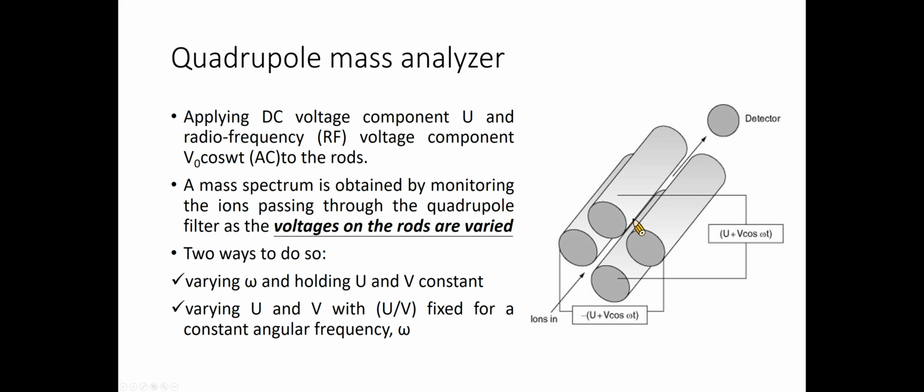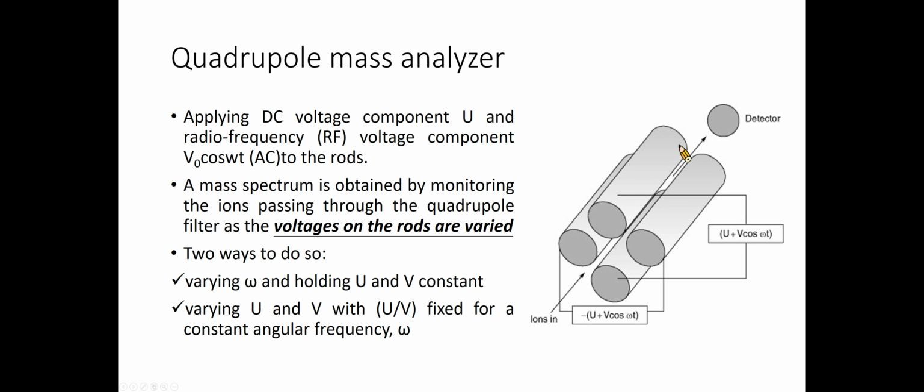For given DC and AC voltages, only ions of a certain mass-to-charge ratio pass through the quadrupole filter, and all other ions are thrown out of their original path.